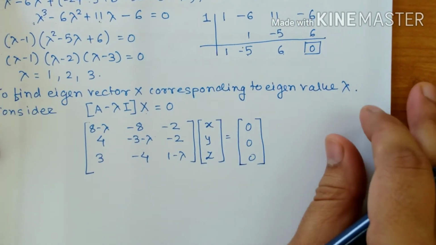Okay. Now we go with one of the eigenvalues. So here I am just going to take the first eigenvalue, lambda is equal to 3.